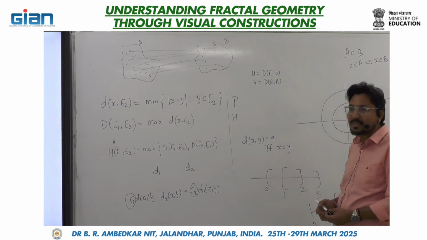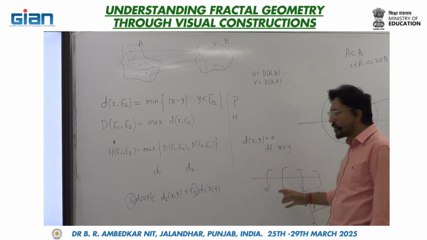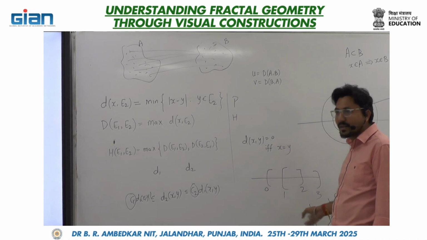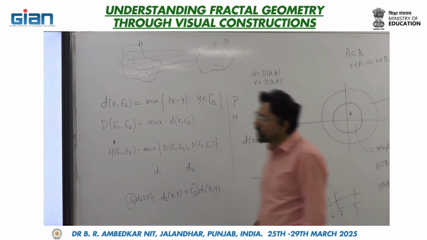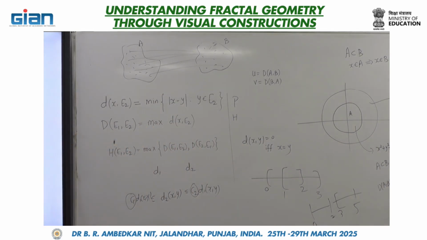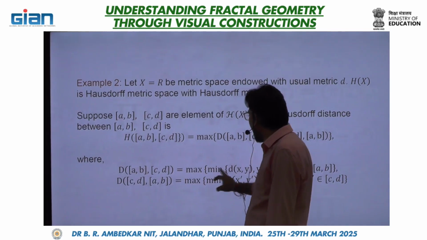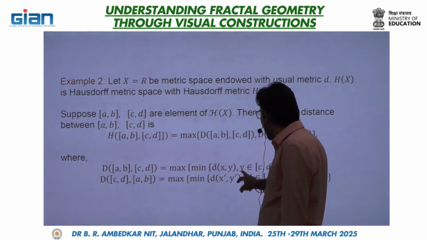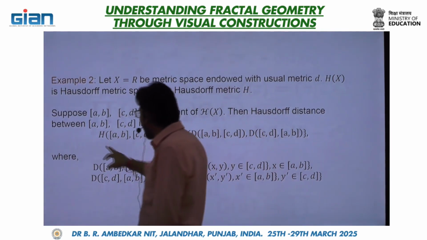You just create many examples, right? When two intervals are overlapping or disjoint, or when one is a subset of the other, something like that. Here you see what will be H of A comma B, C comma D, in the same way. Then this will be D of A comma B, this one. This will be the maximum of the minimum of D of X comma Y, such that this happens, and here also in this way. So we are trying to calculate this.